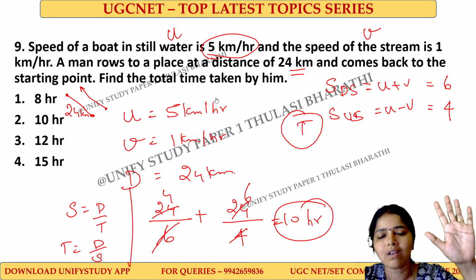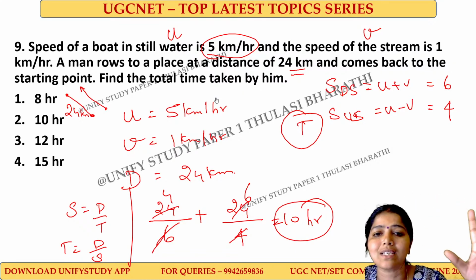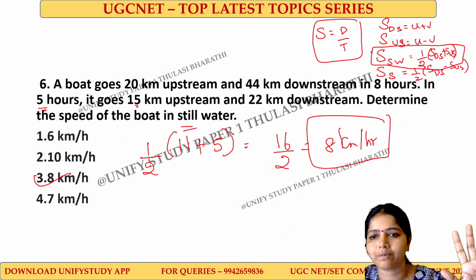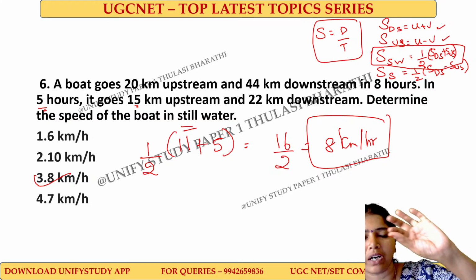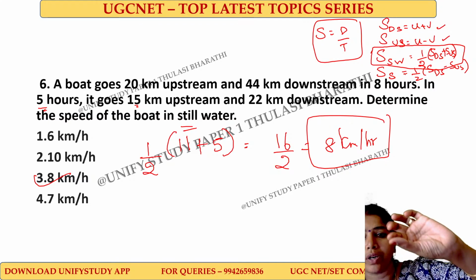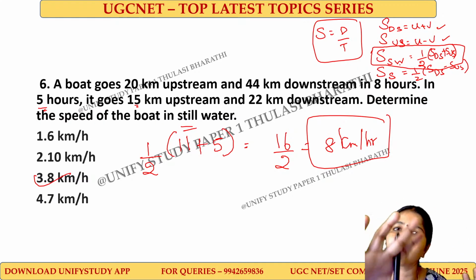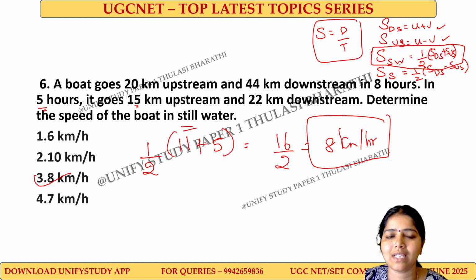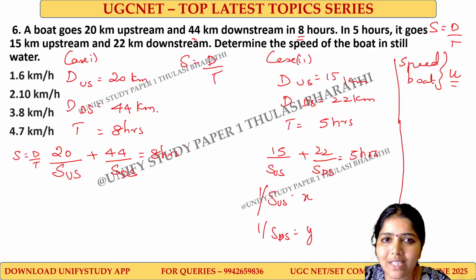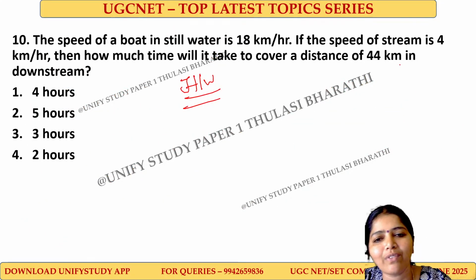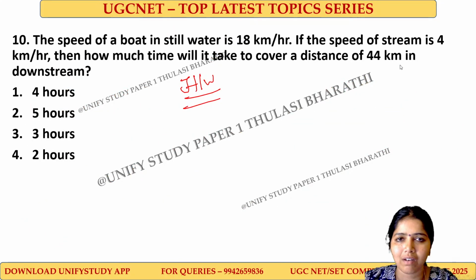Only those formulas are enough: speed of the downstream, speed of the upstream, speed of the boat in still water, speed of the stream. These four and the general formula. With these formulas, definitely you can solve boats and streams problems in the examination. Am I clear? Try to give the answer for this question in the comment section.